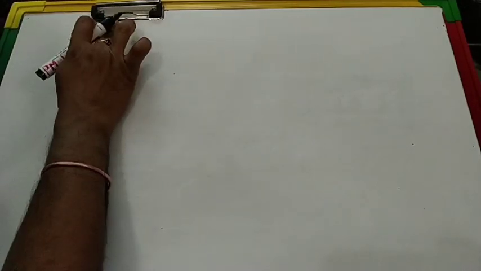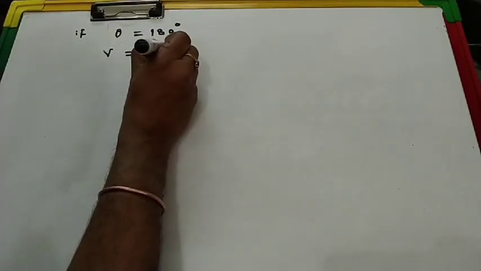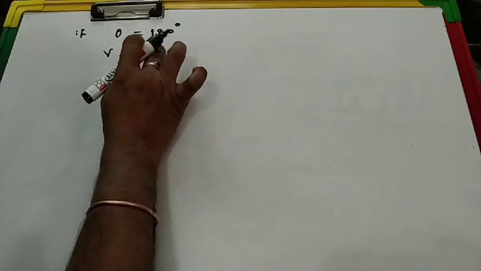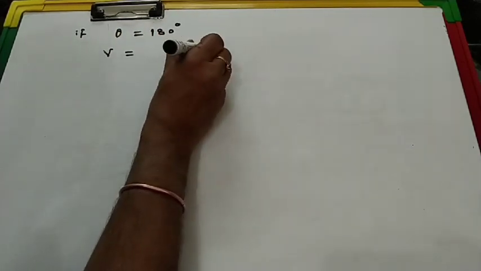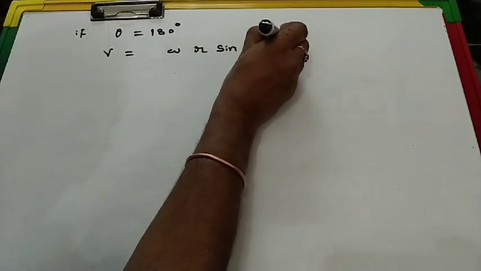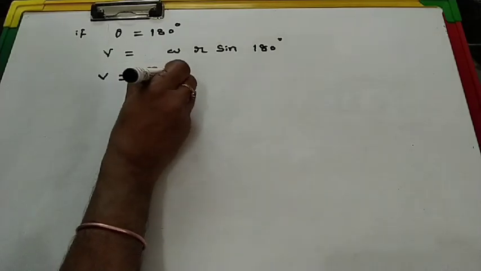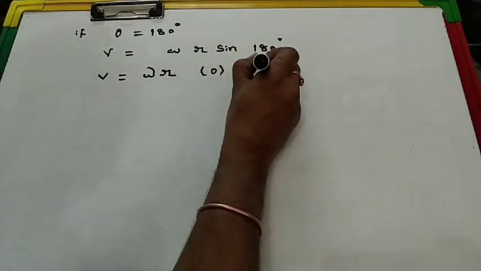Now, if theta is equal to 180 degrees, then V is equal to omega r sine 180 degrees, which is omega r into 0.